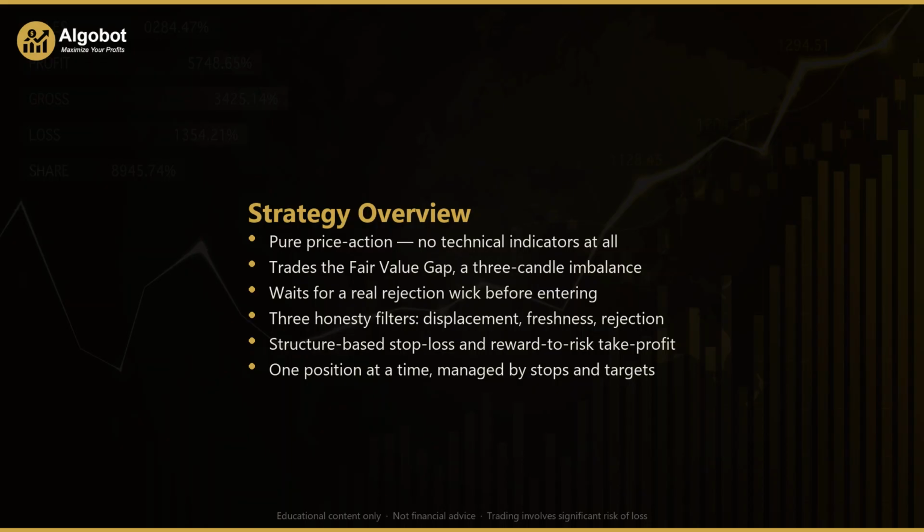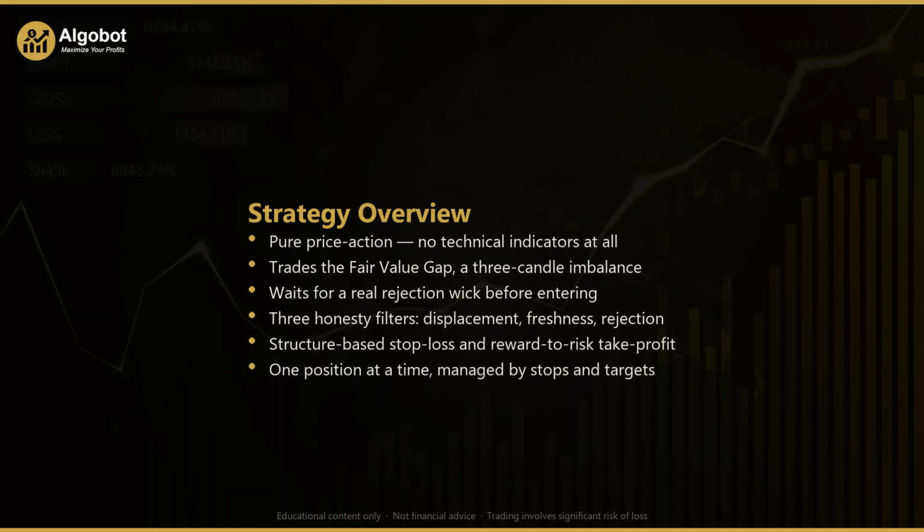What makes this EA different from a basic gap strategy is that it does not simply enter the moment price touches the zone. Instead, it waits for proof. It waits for a genuine rejection candle, a candle with a dominant wick that pierces the gap and then closes back in the original direction of the move. This is a continuation idea. Catch the pullback into the imbalance, then ride the trend as it resumes.